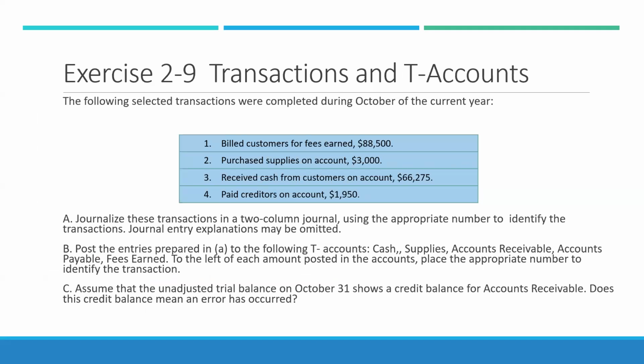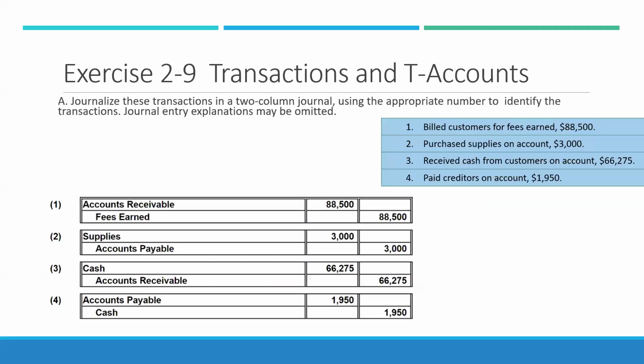Transactions in T accounts. The following transactions occurred in the following year, so create the journal entries and post them. We're going to have fees earned, supplies purchased, cash collected from customers, and cash paid to suppliers as our four journal entries here.